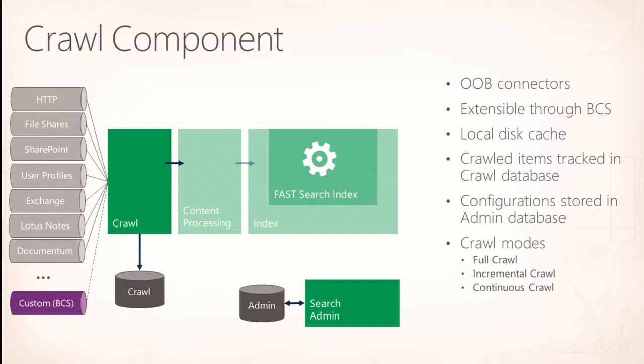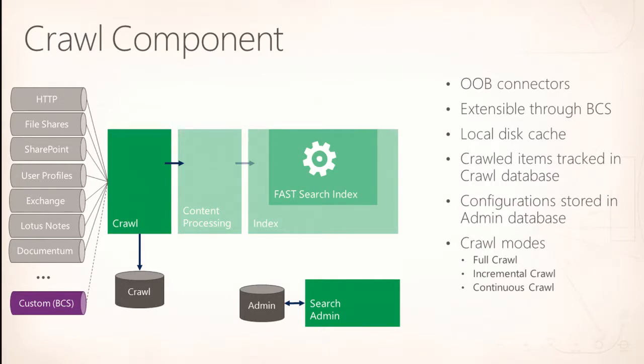You have the same out-of-the-box connector interfaces as you have in 2010, and it's also extensible through Business Connectivity Services. As the crawler crawls your enterprise, it will also cache the content it finds on local disk, for later sending it further for processing into the content processing component itself.